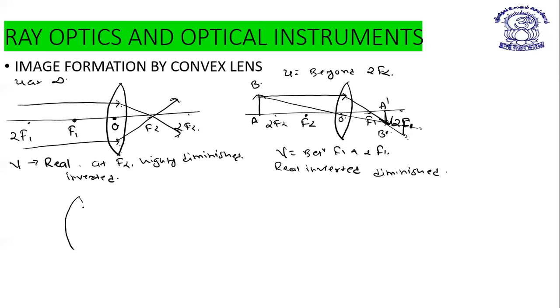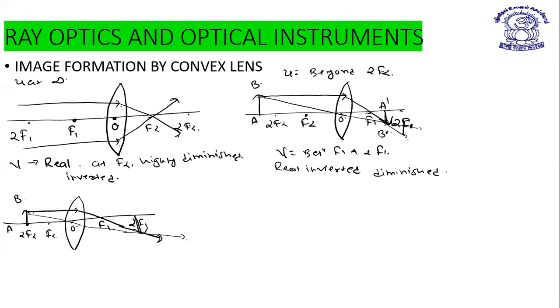Now again we are moving the object near the lens. Now object is placed at 2F2. One light ray is incident parallel to principal axis. After refraction, it will pass from focus. Another light ray is incident from optical center. After refraction, it will go undeviated.